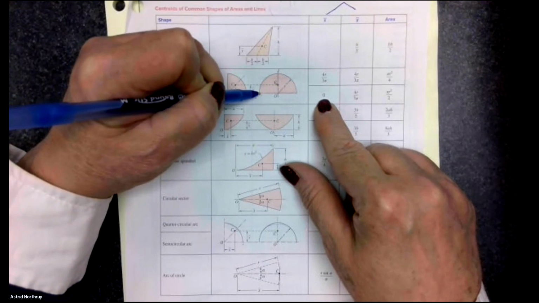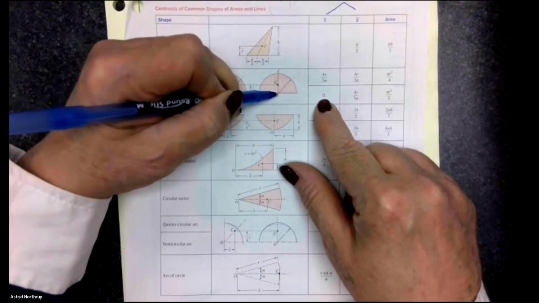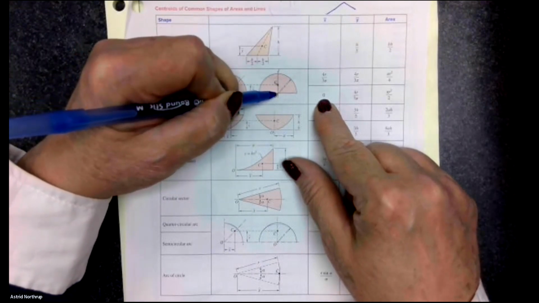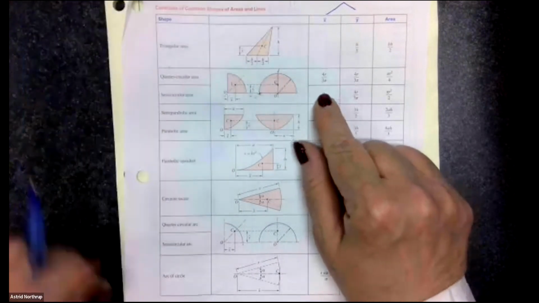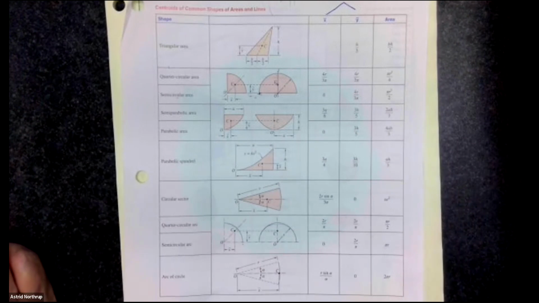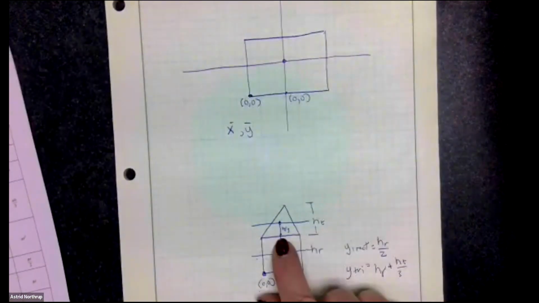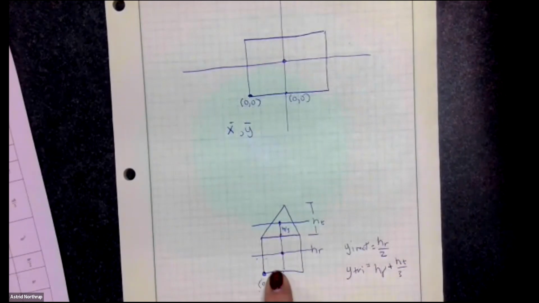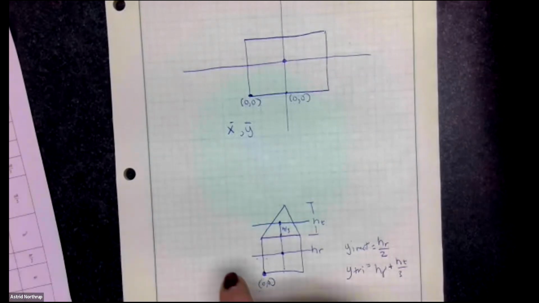If we call this our 0, that means that X bar would be the radius of the circle. So just driving that point home. That tends to be a place that people get confused, especially if you have a composite shape like this. Just make sure if you have a composite shape that you're referencing everything from the same 0.